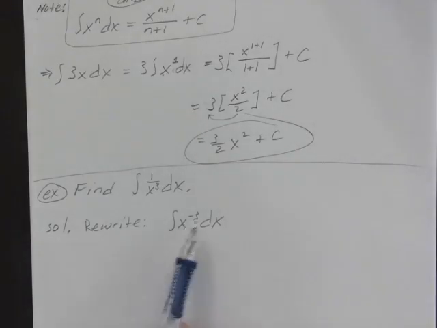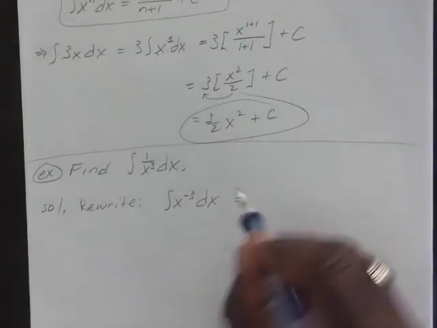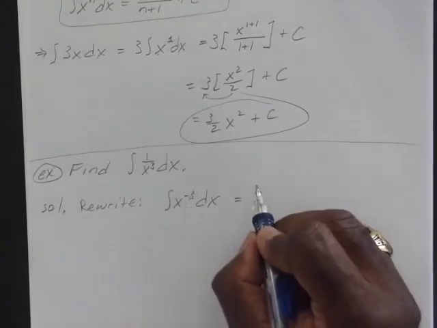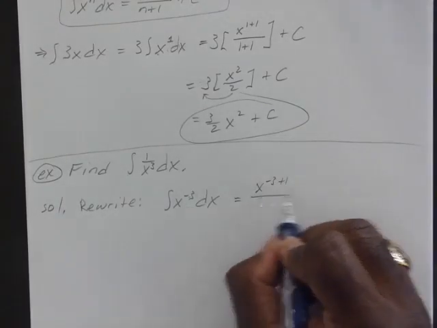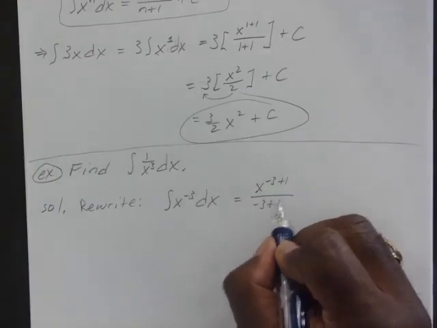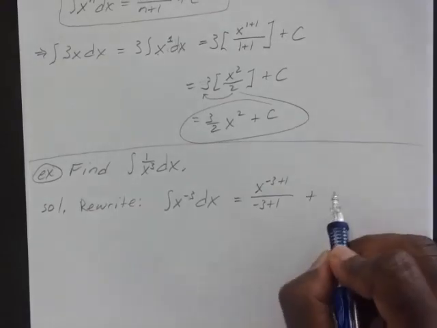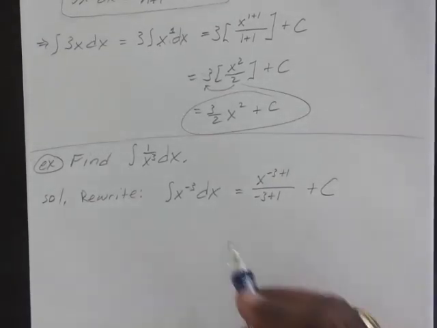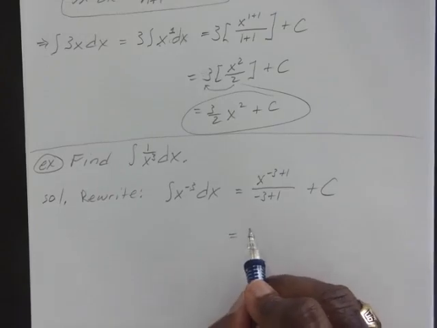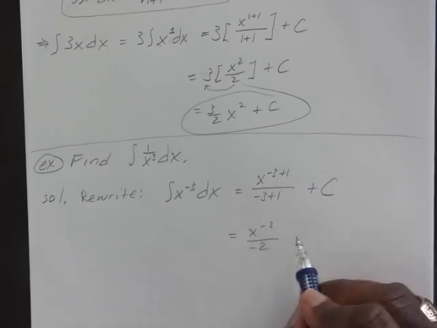Okay, and that integral follows the exact same rule. It's x to the power of -3 plus 1, divided by -3 plus 1, plus c. That's going to equal x to the power of -2 divided by -2.